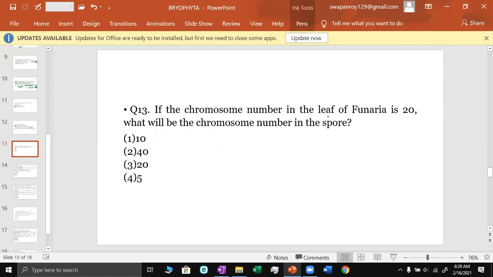If the chromosome number in the cells from a leaf of Funaria is 20, what will be the chromosome number in the spore? Options: 10, 40, 20, and 5. Option 3.